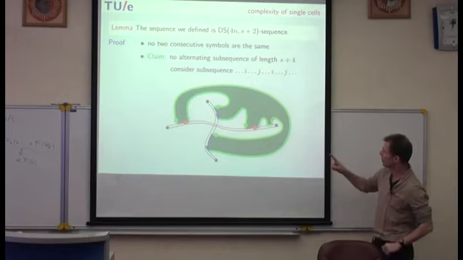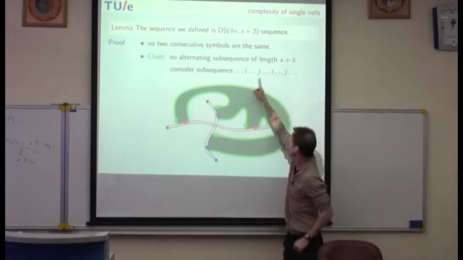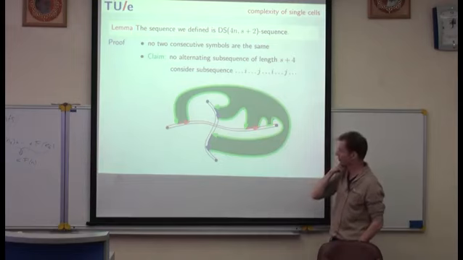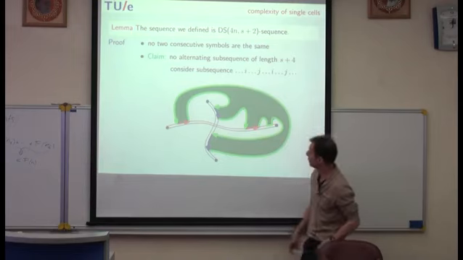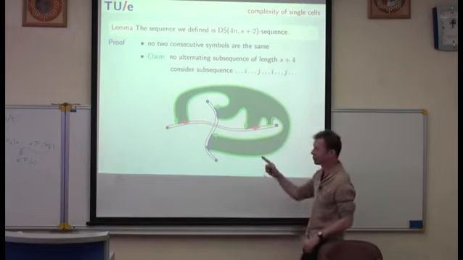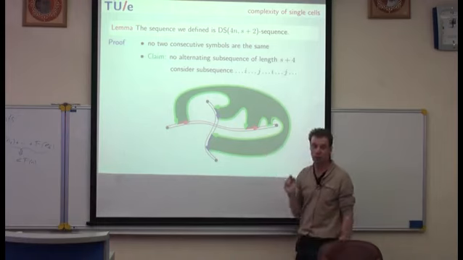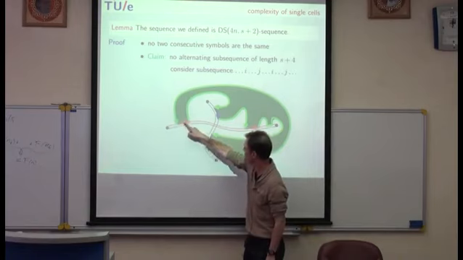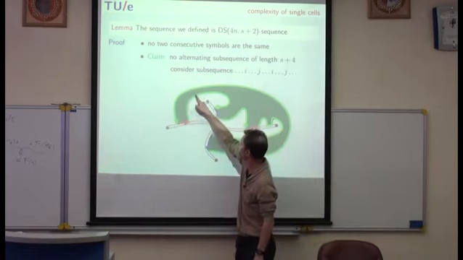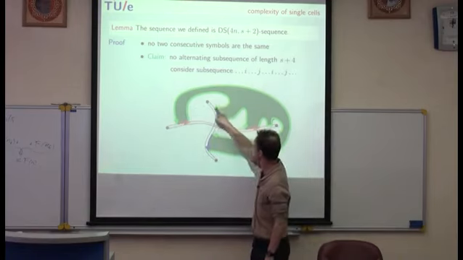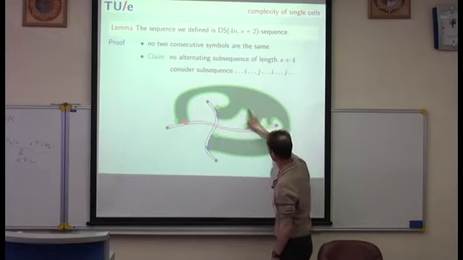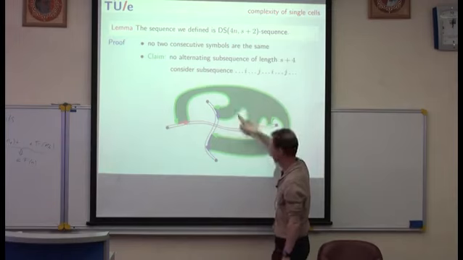So let's look at a subsequence i j. The subsequence is along the boundary of my face. So here maybe I have curve i. Now I travel along the boundary of my face. I get j. Go further along the boundary of the face. Here other things happen, I don't know.